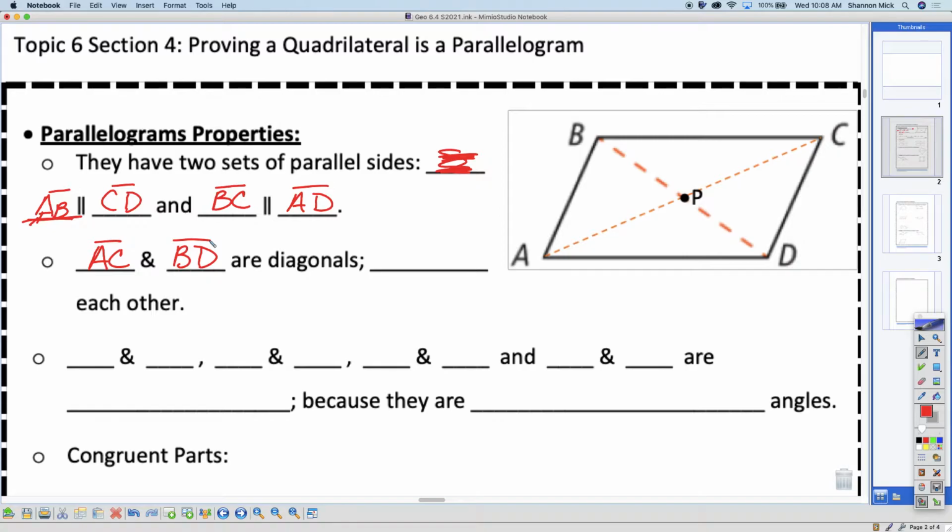They do intersect, but where they intersect, what does it do to both of them? It makes them equal, so what's that word? Bisect. So they bisect each other. What does bisect mean? Cuts it in half.